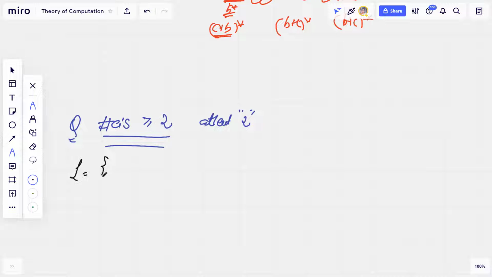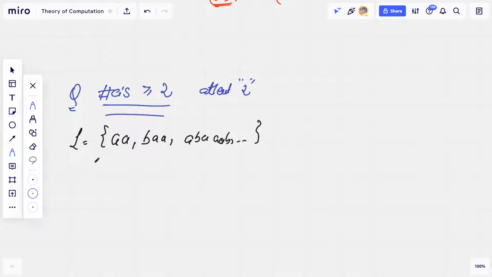Behind the scenes, I changed the color of the pen. Fun fact, it should contain at least 2 A's. There can be more than 2 A's, no doubt about it. BAA or ABAAB. At this point you don't really need to write this language, but anyway, I've written it for the sake of practice.